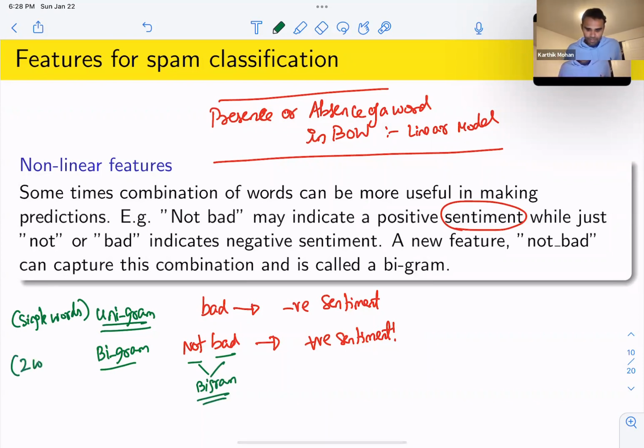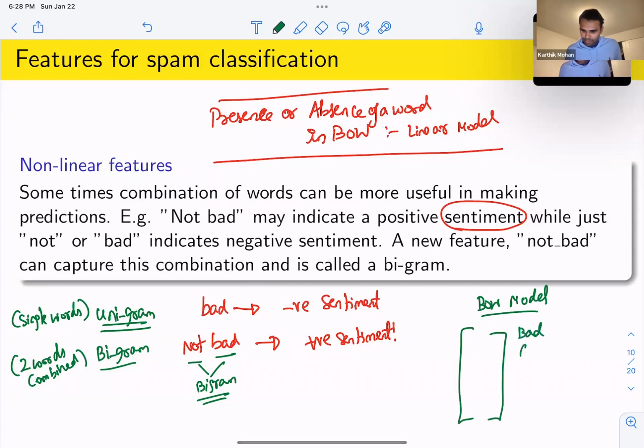So two words combine. So when I look at a bag of words model, let's say I'm looking at a vector. I say, okay, here's bad, here's good, here's not bad. So I'll say it's not underscore bad. So I'm going to have a one here.